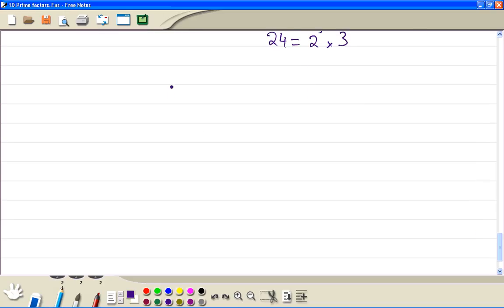This is another one. Factors of 32. So we use the tree method. So we start with 32.